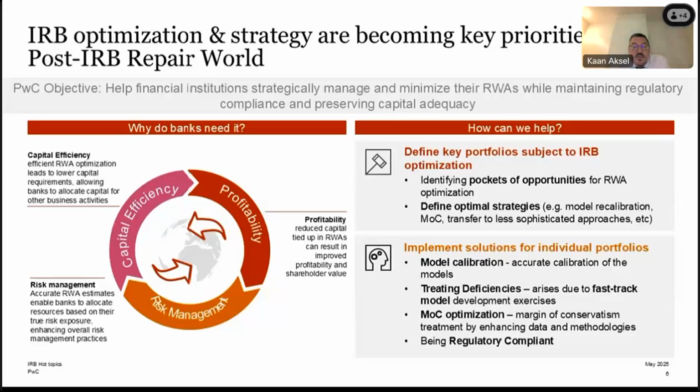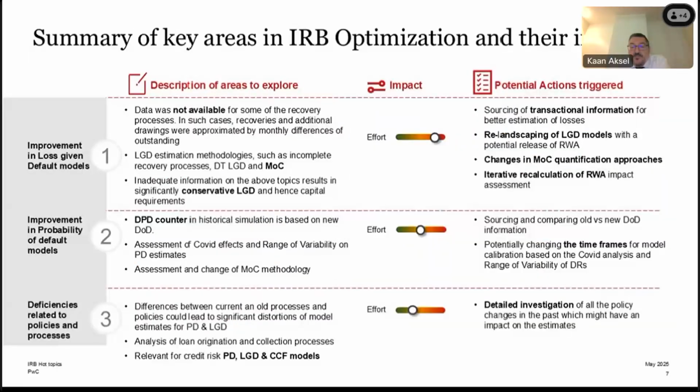Some other key areas I would like to reflect on right now are on the slide here. I can summarize some key areas in IRB optimization and their impact. As an example, we can improve the LGD models by looking at data. In the past, data might not have been available for some of the recovery processes.